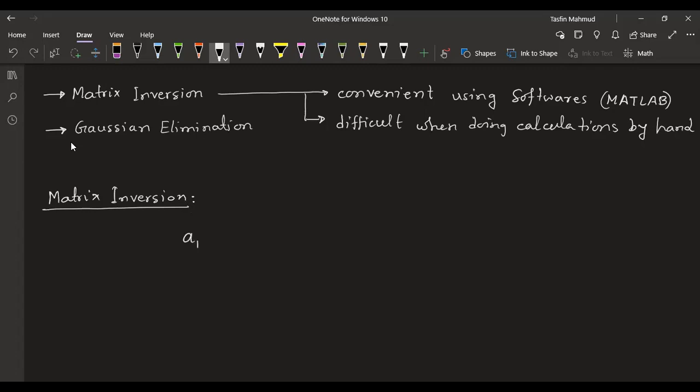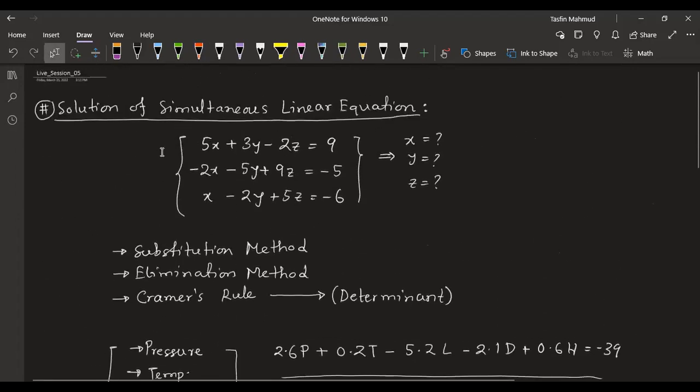I am going to write the general expressions. General expression means we write the system in this way. We have the coefficients here: 5, 3, -2, then 9.